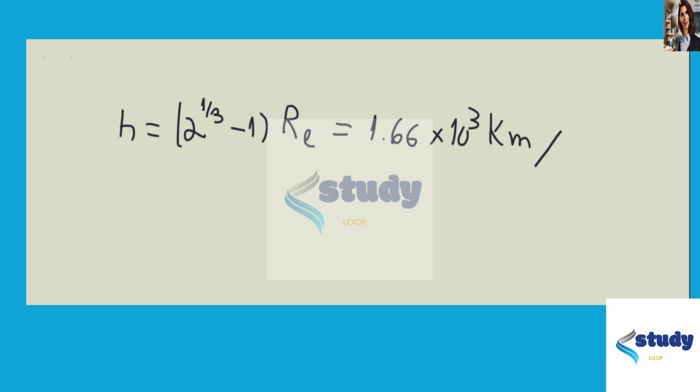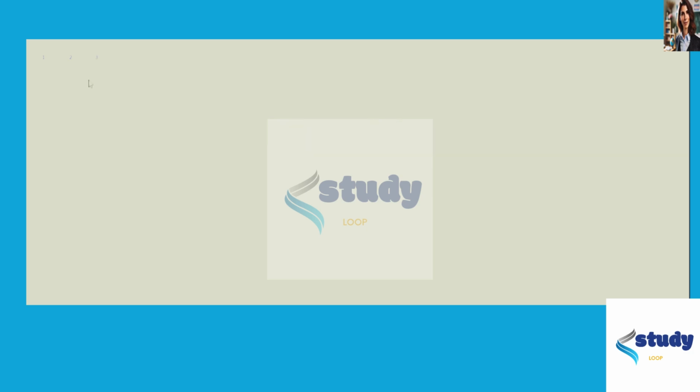Now for part B, we want to know the maximum magnitude of the magnetic field at the core mantle boundary, that is 2,900 kilometers below Earth's surface. So for the maximum value, we set sine of λm equal to 1.